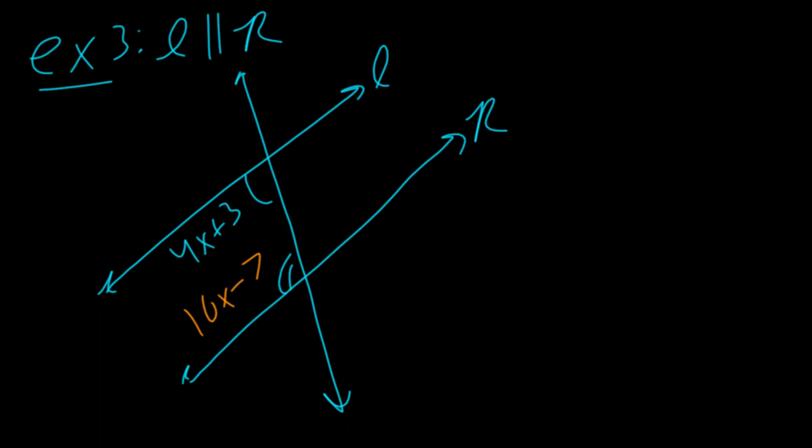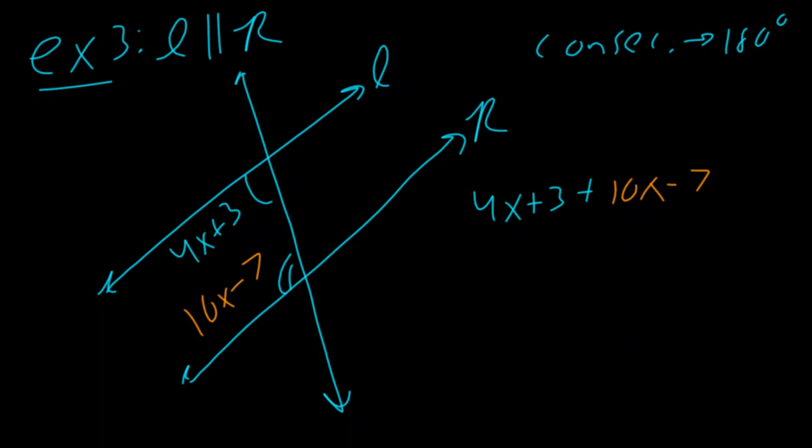But remember, consecutive angles are 180 degrees. They're supplementary, and so we can write this: 4x plus 3 plus 10x minus 7 is equal to 180.